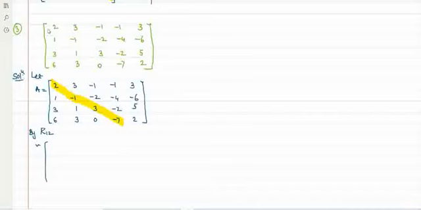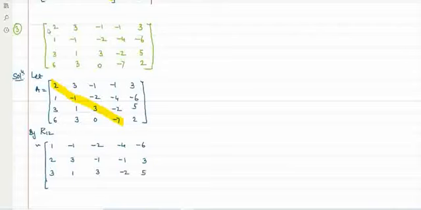The first row and second row change, the rest remain the same. That becomes 1, minus 2, minus 4, minus 6, 2, 3, -1, -1, 3, remaining as it is, 3, 1, 3, -2, 5, 6, 3, 0, -7, -2.